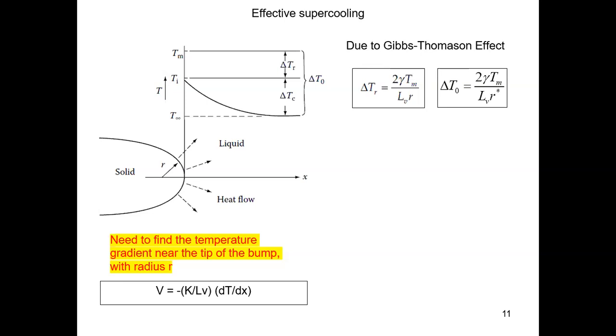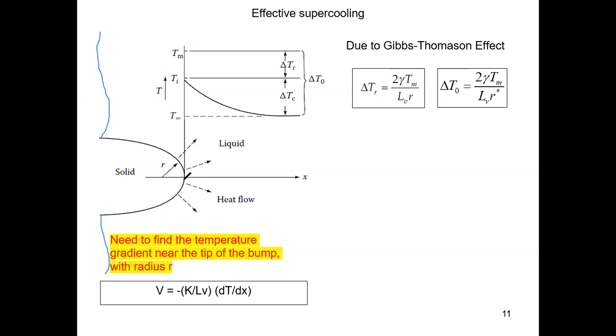As we said before, we're interested in the growth velocity at the tip of this small bump, right? Imagine that we have a huge solid back here, which we didn't show. This is a flat surface with some other bumpy thing, but this small bump is the most important.